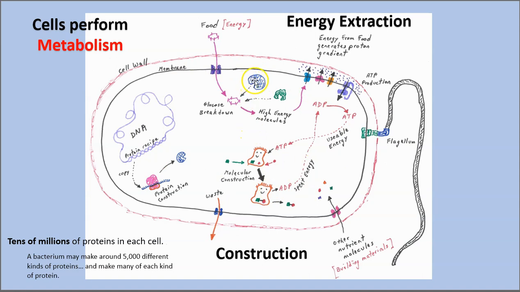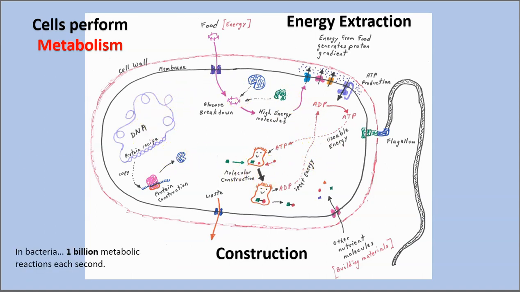We just have one of this kind of protein, one of this kind, one of this kind. In reality, there might be hundreds or thousands of these different kinds of proteins. So we've got lots of protein players performing the chemistry of life. In a bacterium, there are about 1 billion metabolic reactions each second. 1 billion chemical reactions every second.